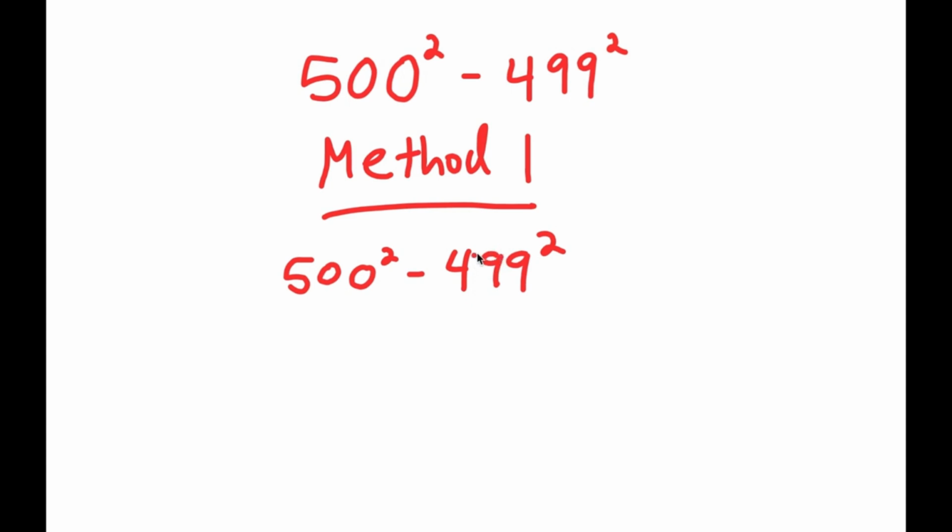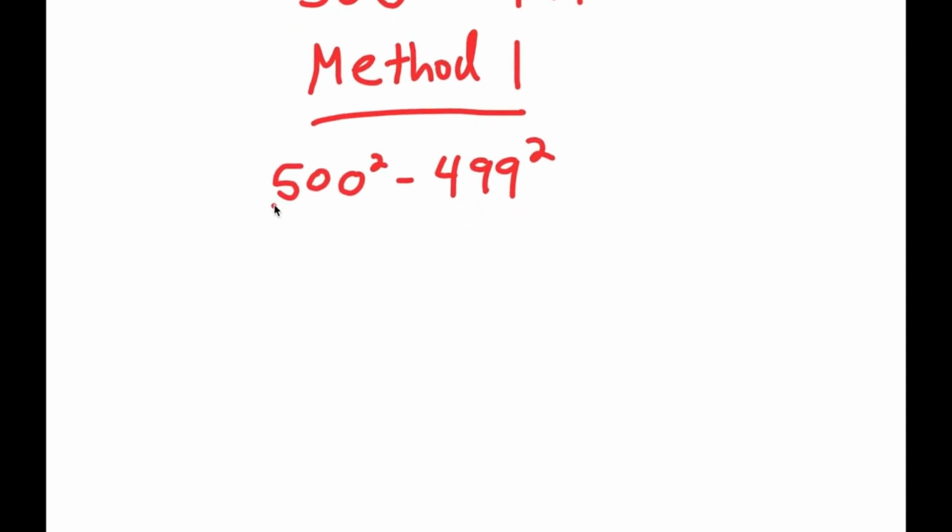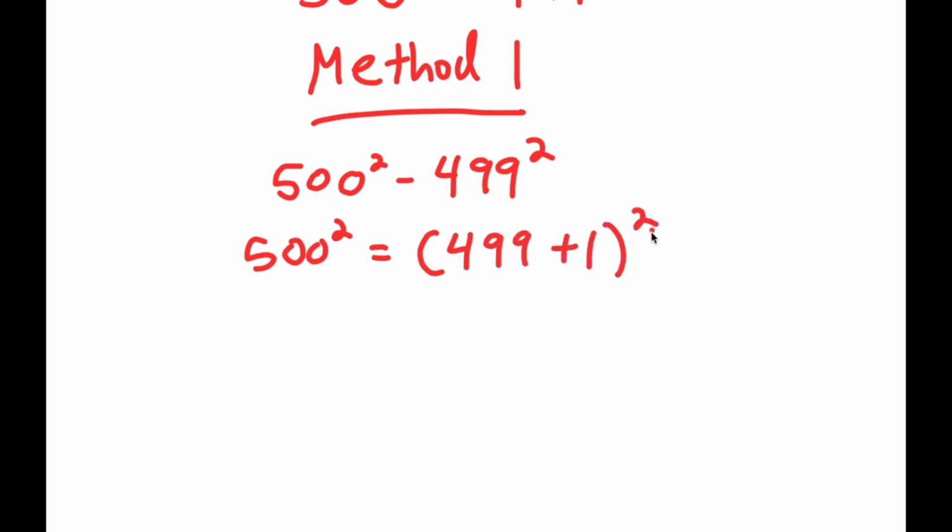And, well, first off, I'm going to rewrite 500 squared. So 500 squared is the same thing as 499 plus 1 squared.